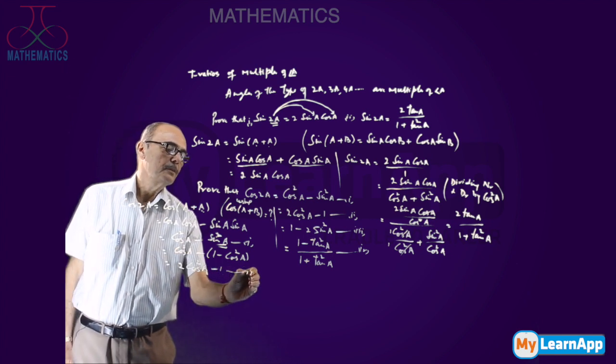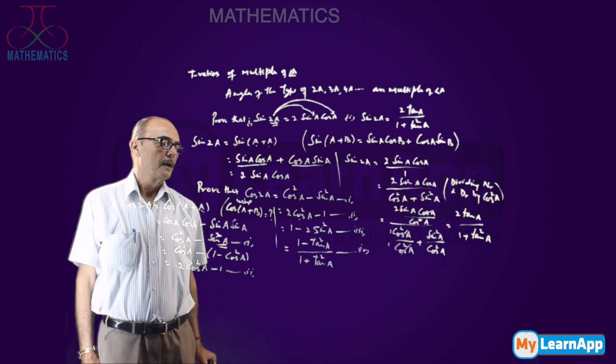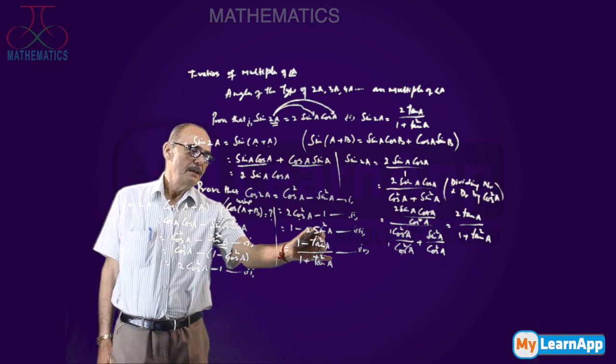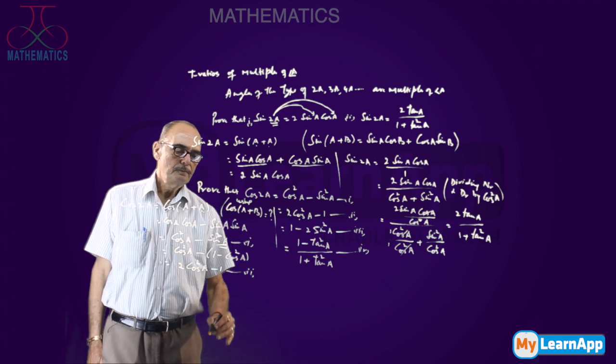This is your second formula. And in the third formula, we observe we have sin square A, but not cos.